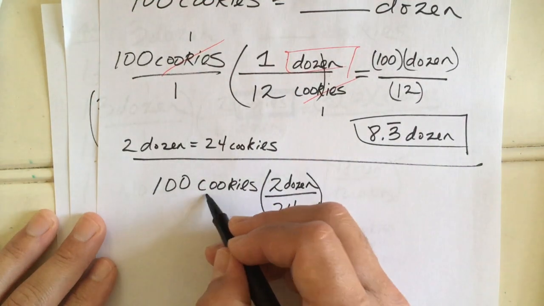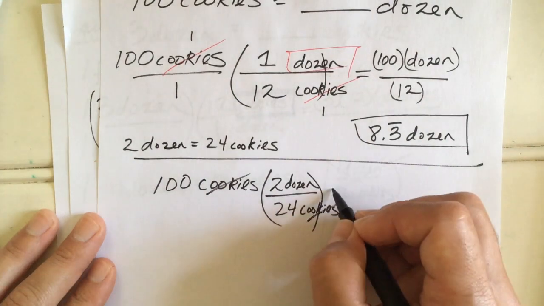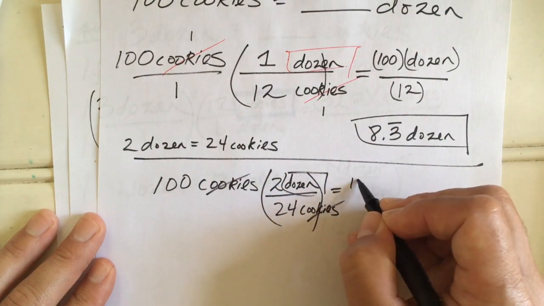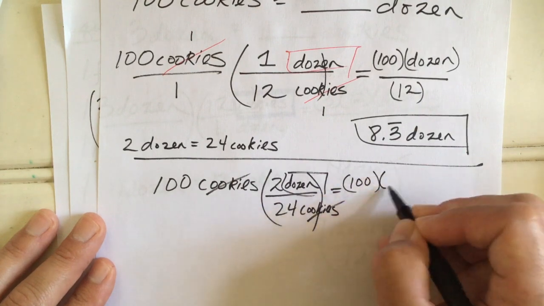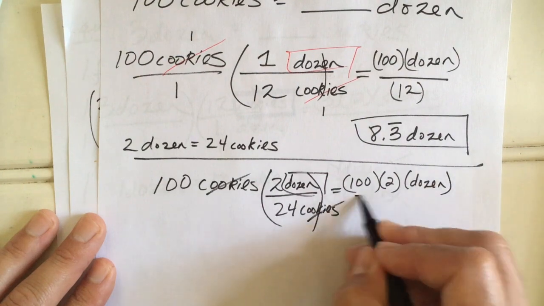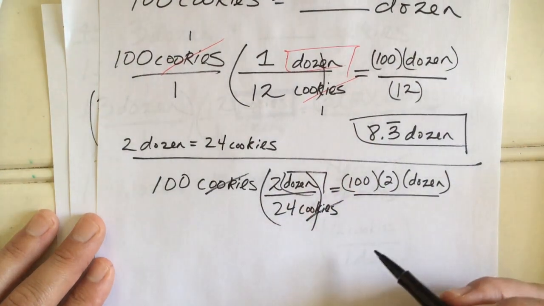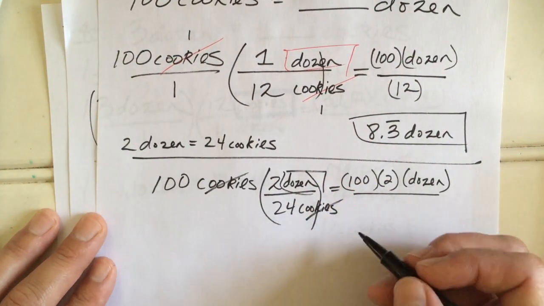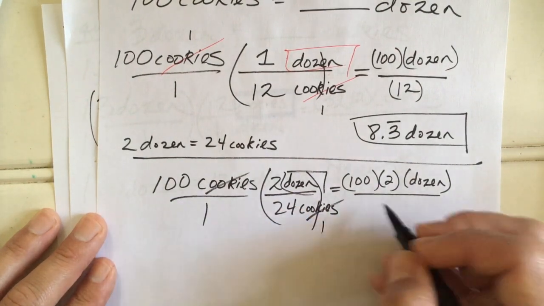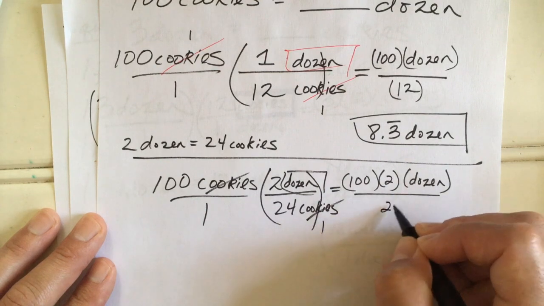You go through it, you cancel, you're like, oh, I'm in dozen, I'm done. So then you multiply the top across, 100 times 2 times dozen. You might say, what? The numbers are definitely different. Not even close, right? But watch. You got a bigger number on bottom too. So this is just a 1, 24, and a 1. So you just got 24 on bottom.